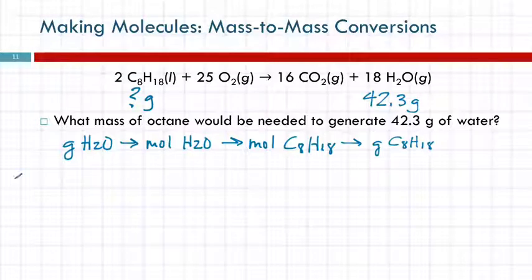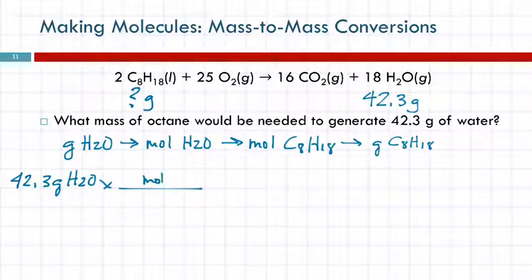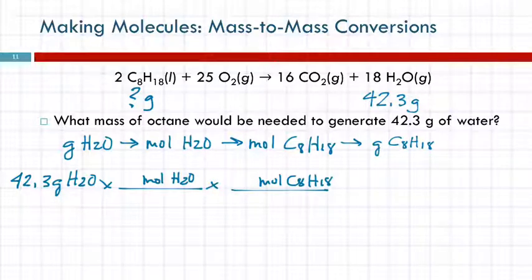I'm starting with my number, 42.3 grams of water. 3 fractions. So the first one is going to have moles of water on top. The next one is going to have moles of octane. And the last one is going to have grams of octane. Just writing down the path.